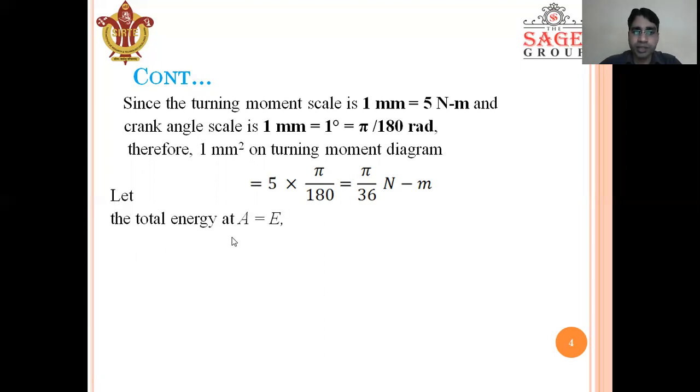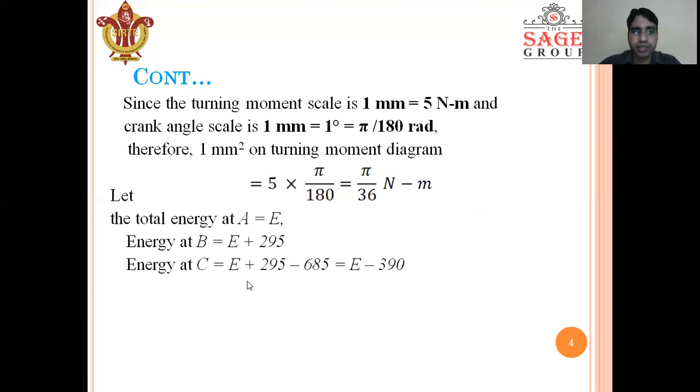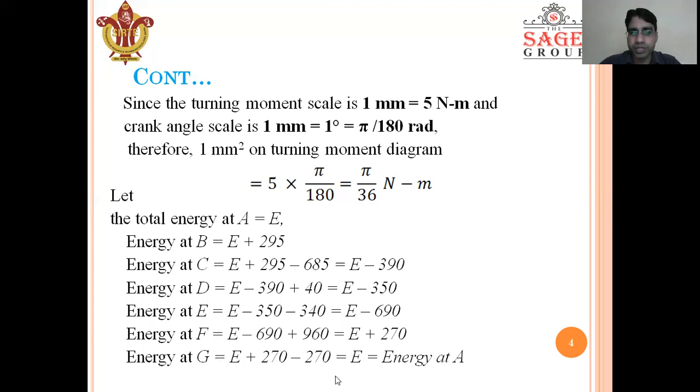Let the total energy at point A in the turning moment diagram be E. So we have to calculate the energy at point B. The energy at B is E plus 295, because that area is above the mean resisting torque line, and energy falls when the area is below the mean torque line, and so on for points D, E, F, G, and the energy at point G equals the energy at point A. After that we have to identify the maximum and minimum energy.